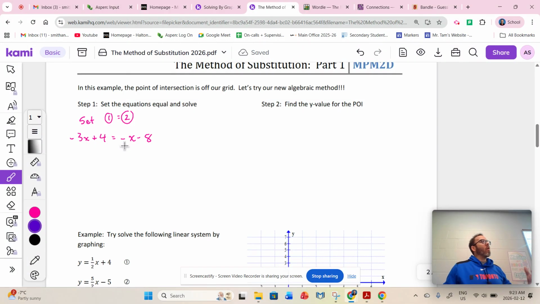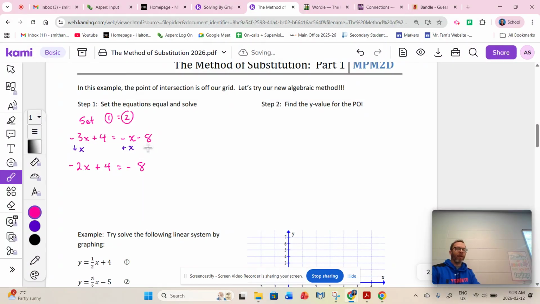So I'm going to go about my systematic way of doing things. I usually will move my variable terms to the left. So since I'm subtracting x on the right, I will add it on both sides. We'll get -2x. This isn't the only way to do it, but I go at things systematically. And we have a little teeny tiny 2-step equation.